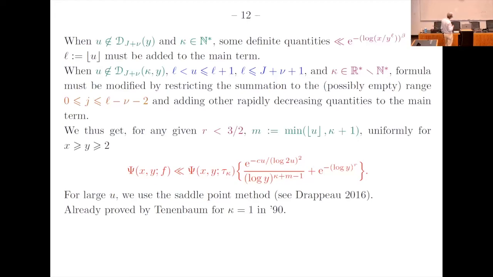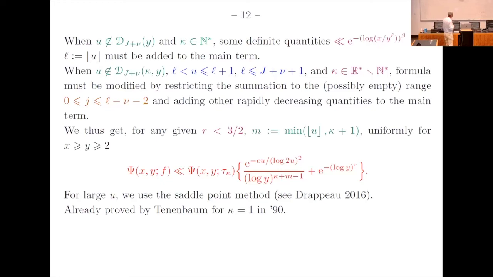So if u is larger than kappa plus 2, then this part is kappa plus 1, and then the exponent is 2 kappa here. But if u is small, you get a smaller exponent in log y. So the validity domain of this result is x larger than y larger than 2.